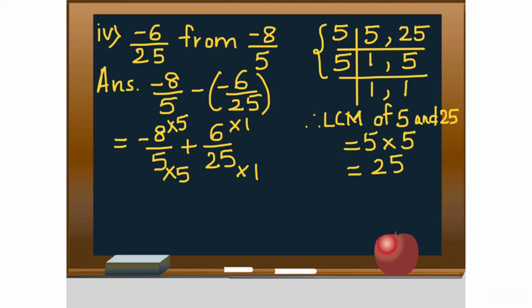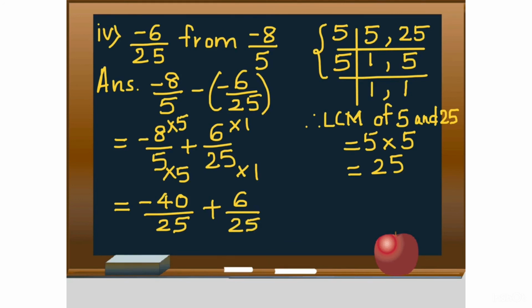Now this expression is equal to minus 8 times 5 is minus 40 by 5 times 5 is 25 plus 6 times 1 is 6 by 25 times 1 is 25.